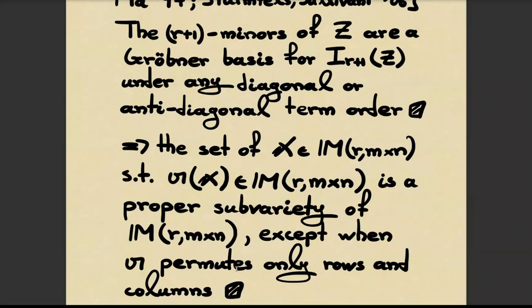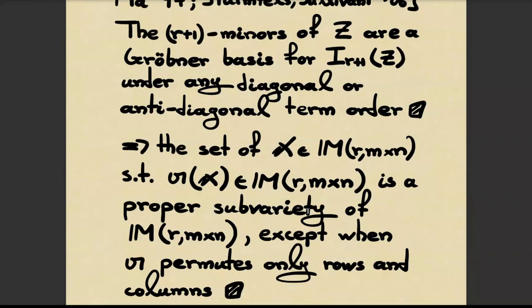So for this particular permutation pi, I can look at the complement of this proper subvariety, which gives me a dense open set. Doing this for every permutation, we have finitely many of them, so we get finitely many dense open sets.